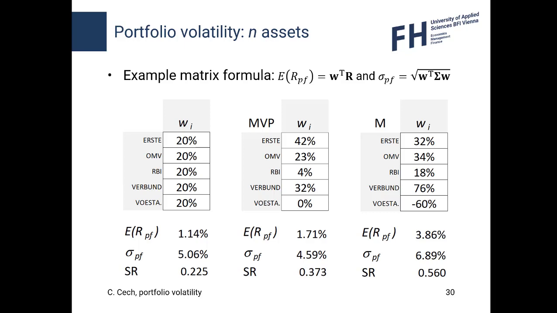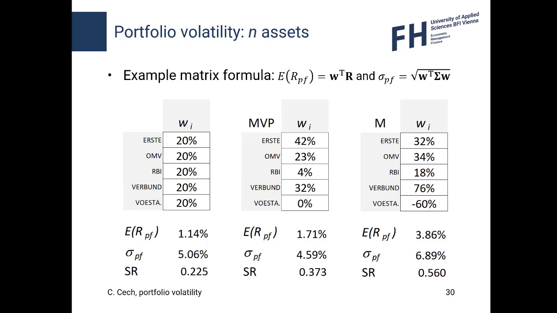I've also calculated the weights and summarizing measures for the market portfolio. The market portfolio maximizes the Sharpe ratio on the basis of the input parameters. So by definition, the Sharpe ratio obtained for the market portfolio is higher than the ones of the equally weighted portfolio and the minimum variance portfolio.